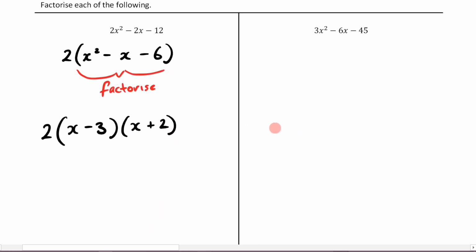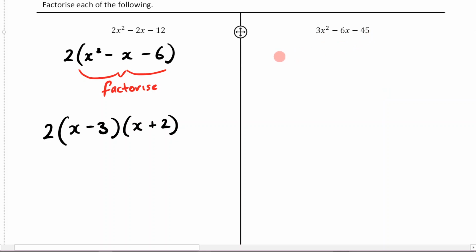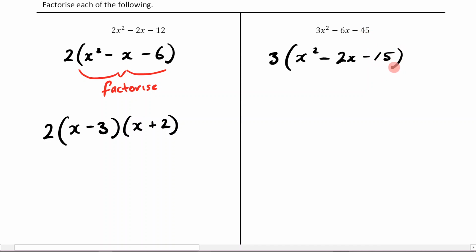So over here as well, the first thing you're going to do is pull out 3 from the entire thing, which is going to leave you with x squared minus 2x. And then if I take 3 out of 45, it's going to leave me with negative 15 there. Now I'm just going to factorize this. So hopefully again you're feeling confident.